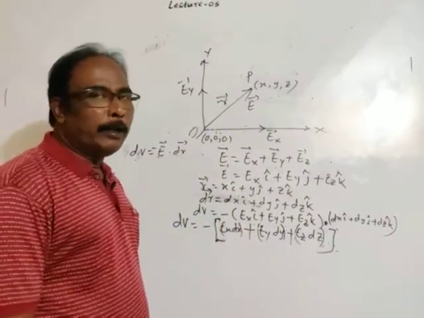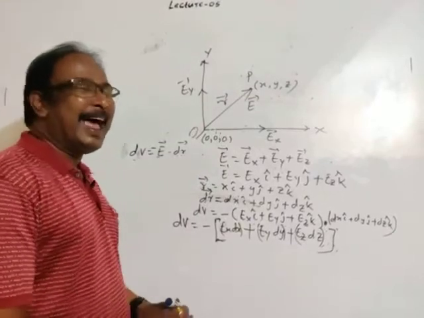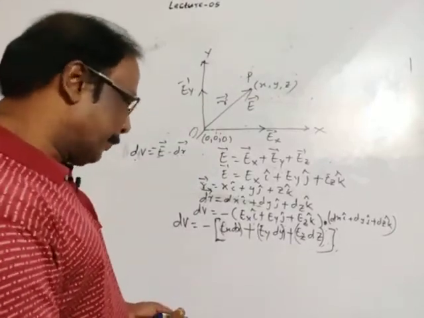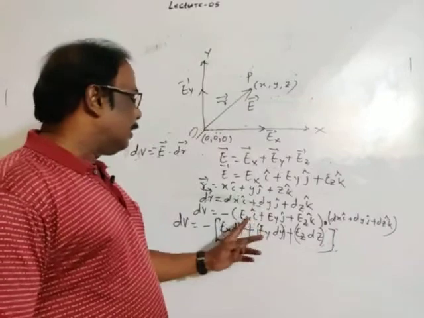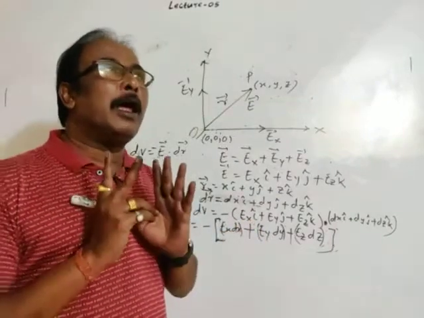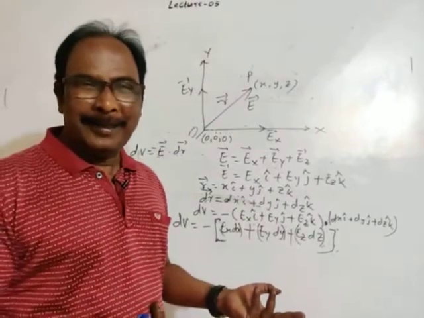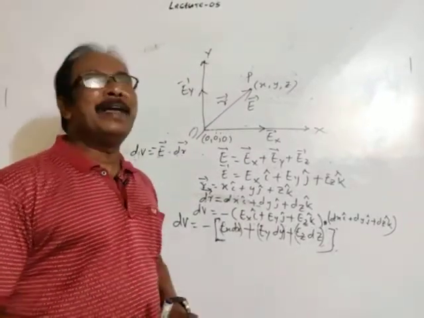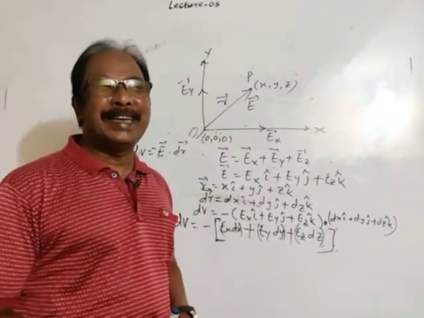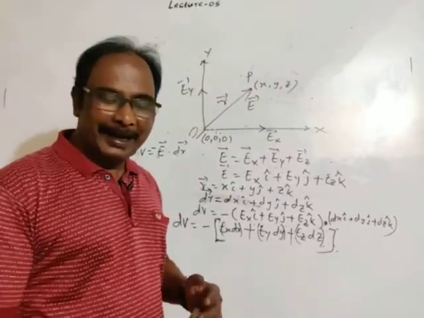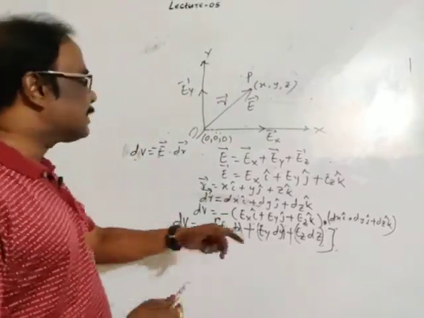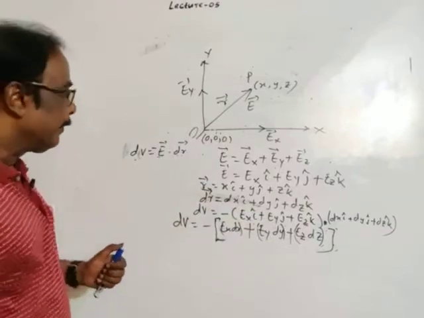I am doing this knowingly. You know the dot product A i cap dot B i cap is AB. A j cap dot B j cap is also AB. Okay, the dot product is scalar. So this is dV.